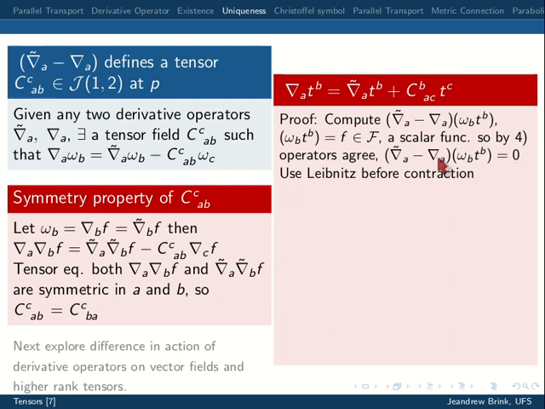And what we can now do, so we know it must evaluate to 0, but we can equally take Leibniz's rule and work out the effect of this operator before we contract it. The way we do that is simply to apply the operator to ω_b and contract that with t^b, and then contract ω_b with the difference in operators applied to the vector field t^b.